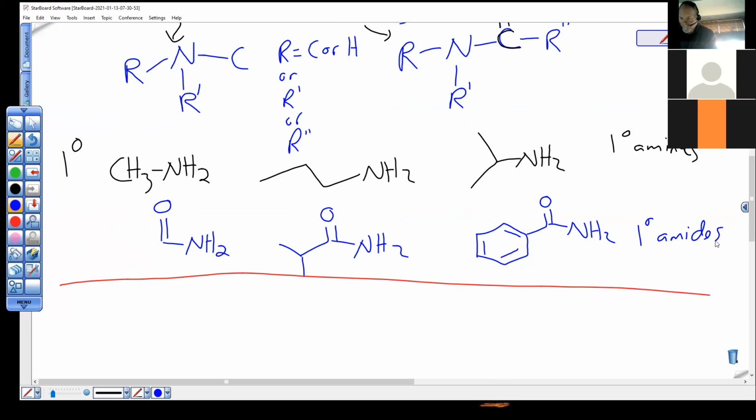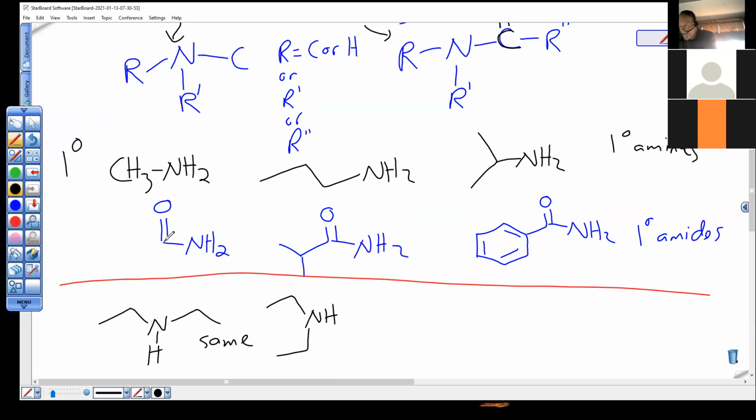Secondary, we can go diethylamine. Now, you can do it this way or write it like this. These are the same. You don't have to show a bond to an H. But please notice you can't skip these H's here.